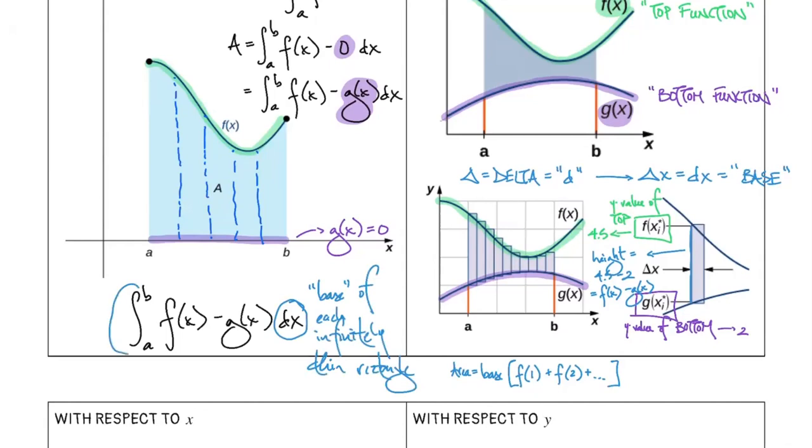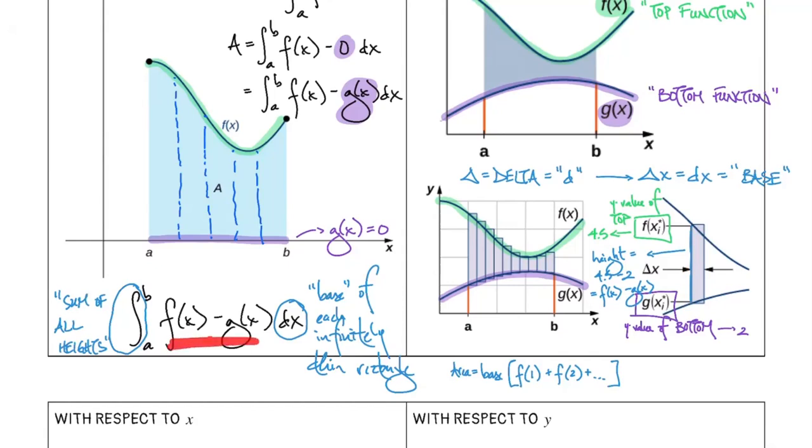This squiggly symbol that I've been saying, just write it, don't worry about it. It's a symbol, we need to know it. This means sum of all heights. In other words, we're taking our f of x minus g of x for every single rectangle, like a bazillion rectangles, and we're adding them all together.